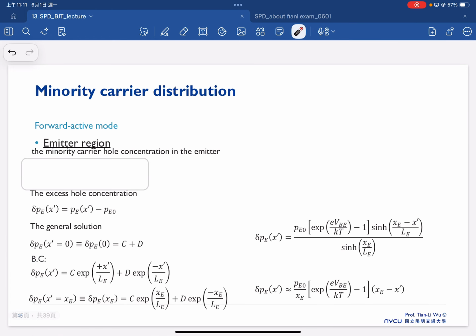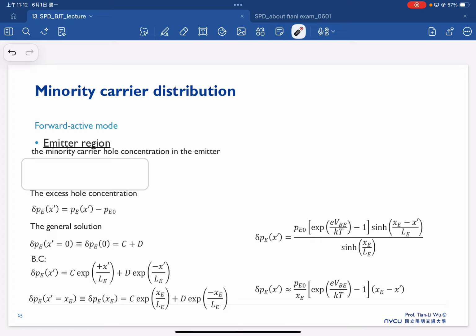Then again, we have the emitter region. In the emitter region, we are interested in the minority carrier hole concentration, because those are the minority carriers here.